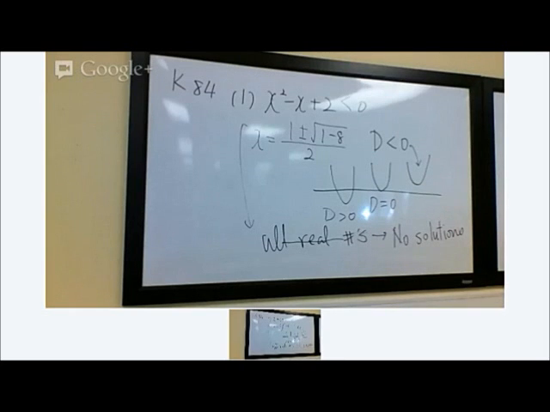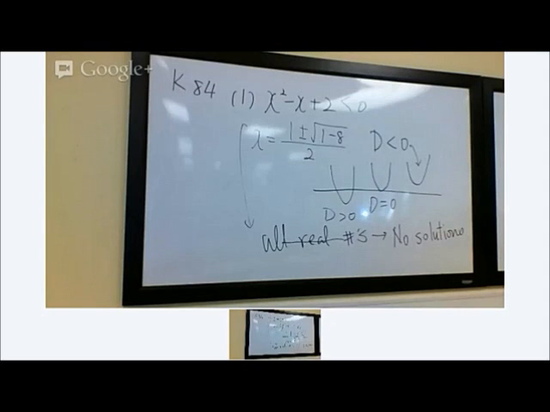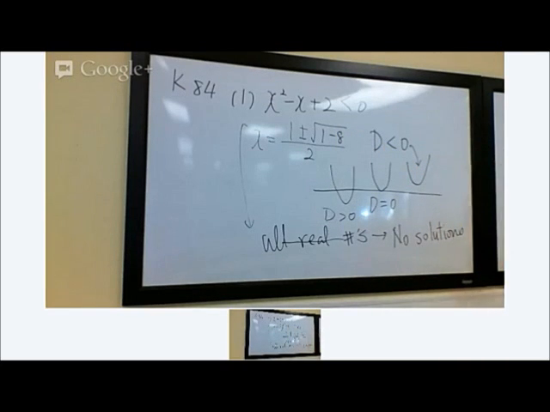But if it's less than 0, the sign goes the opposite way. If that is given as the question, we cannot find the answer, because when you draw the graph here, D is less than 0. They confuse this one.